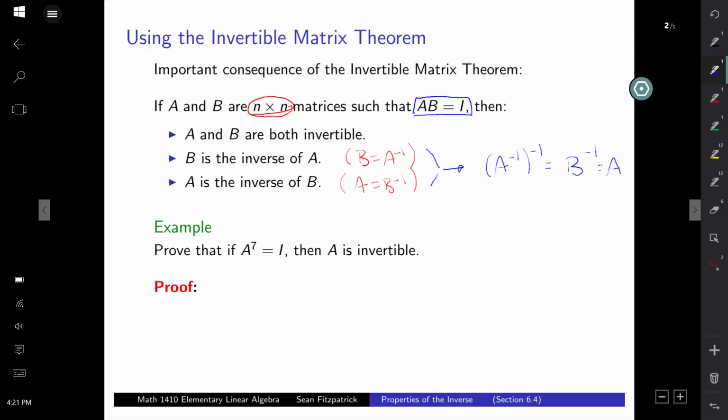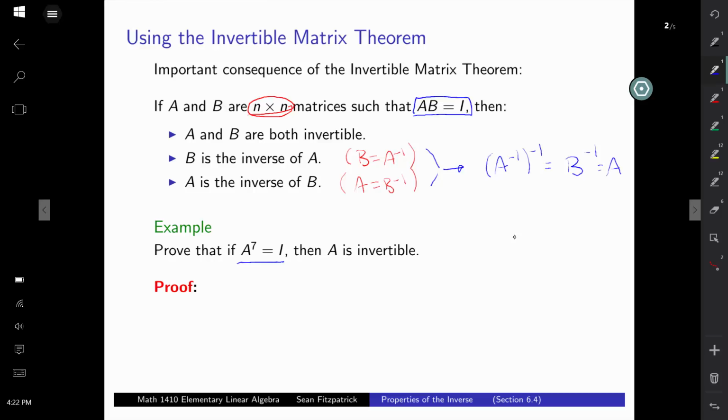Here's another one. It's kind of a silly result, but how would we do this? Prove that if A to the seventh equals the identity, okay, so we have some property that's given to us about this matrix, in this case A to the seventh is the identity. We want to prove that, knowing only this, it follows that A must have an inverse. How do we know that A is invertible?